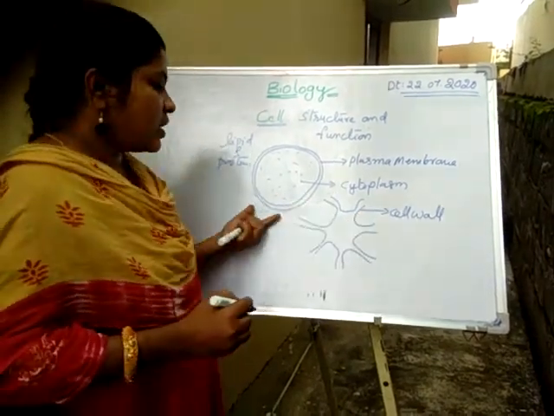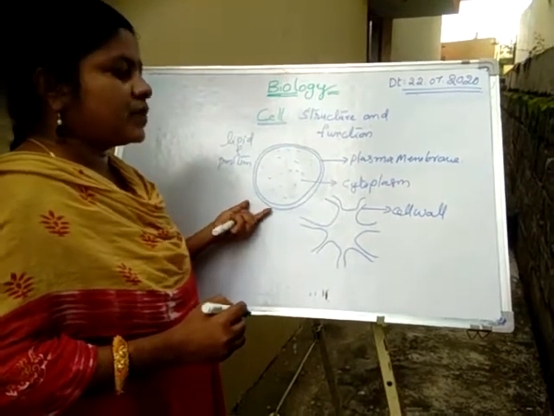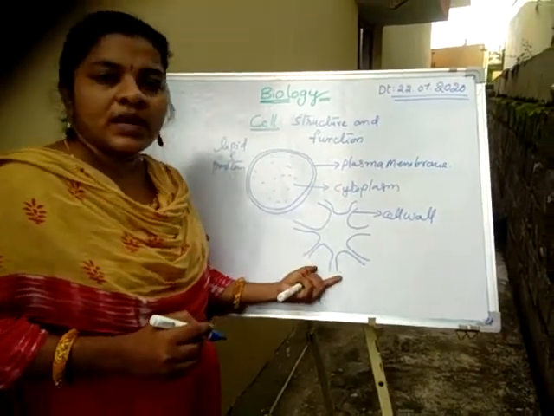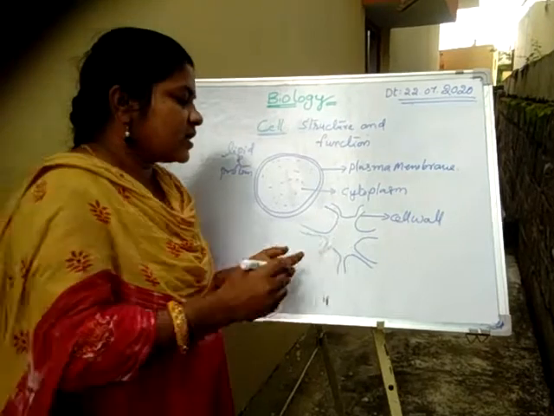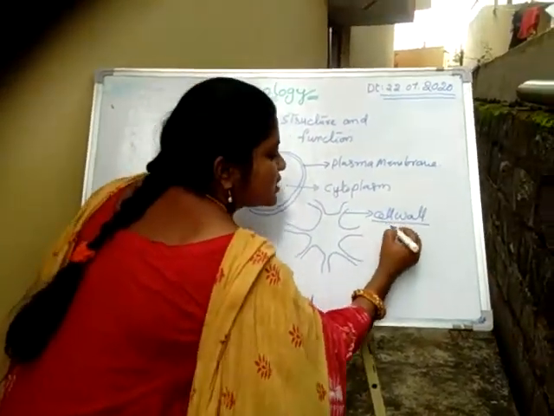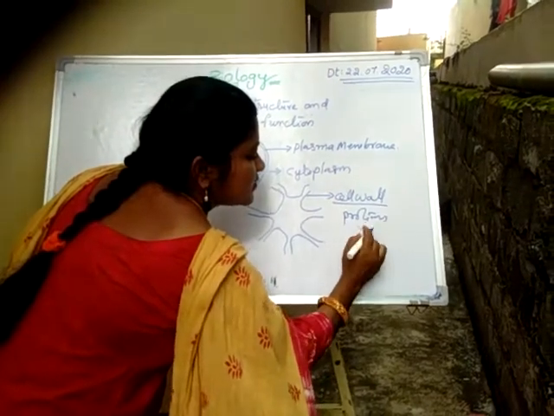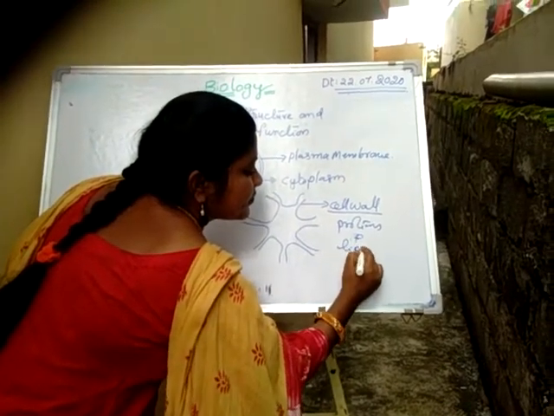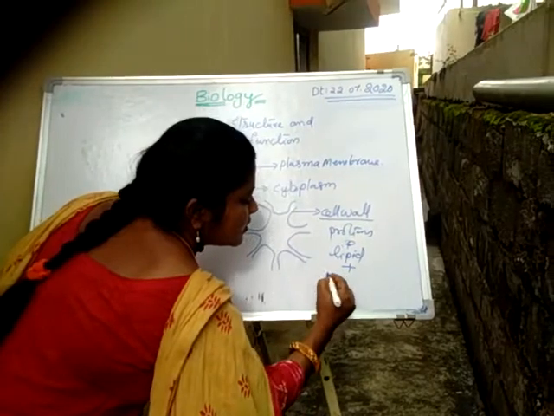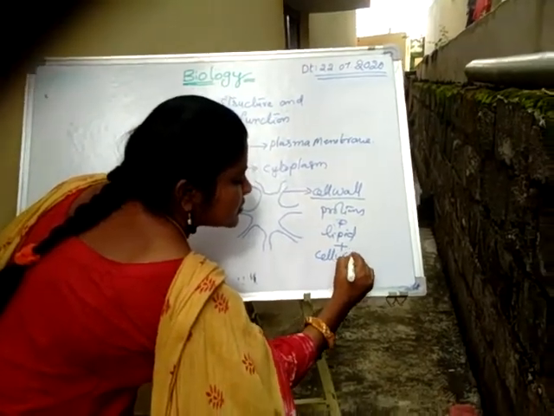That's why the animal cell's outer structure is very thin compared to the plant cell. So this is the cell wall. Extra are proteins, lipids and cellulose-like structures.